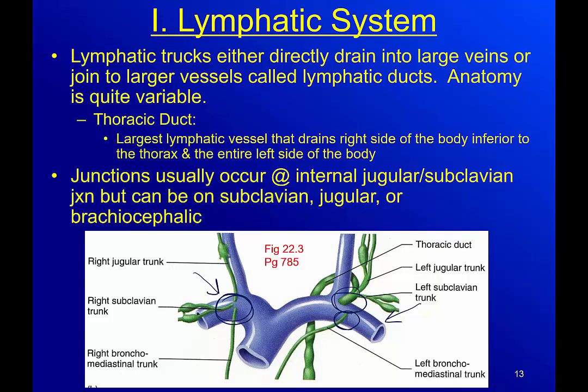One of the reasons that we don't have one picture of what the trunks look like is because it can vary. It may be independently entering like this, or it may have what you see here with one big trunk with all of these smaller vessels entering into that one trunk. Unfortunately, which way it goes is really variable. We don't know.